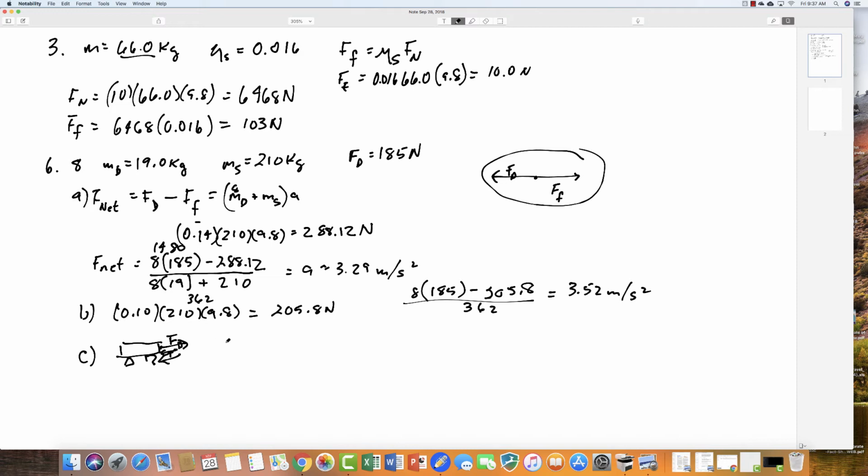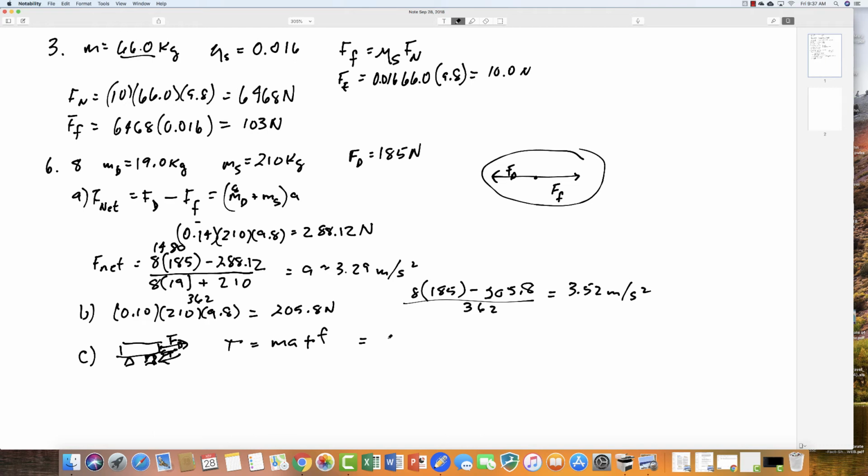And so if we solve this for tension, the tension is this way, and this is going to equal MA plus the friction force. So this is going to equal the friction force and the force required to cause the acceleration.